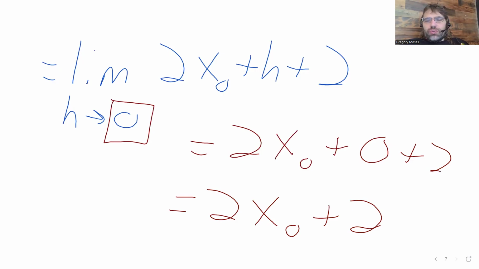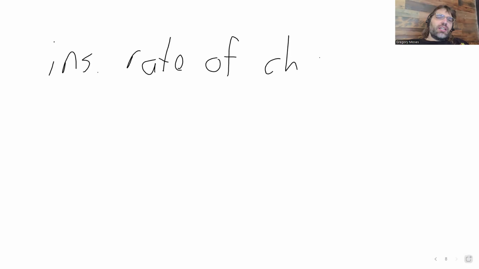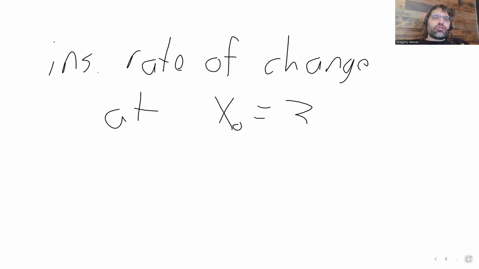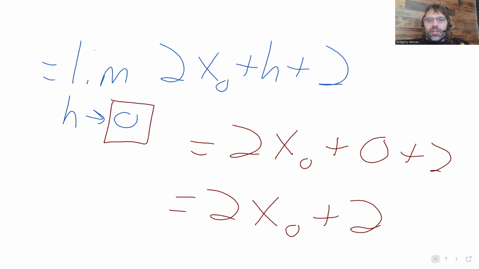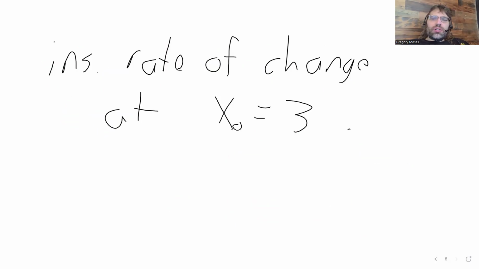And we get 2 x sub 0 plus 2. So now if I want to know the instantaneous rate of change at, let's say, x sub 0 equals 3, well, 2 times 3 is 6, plus 2 is 8.